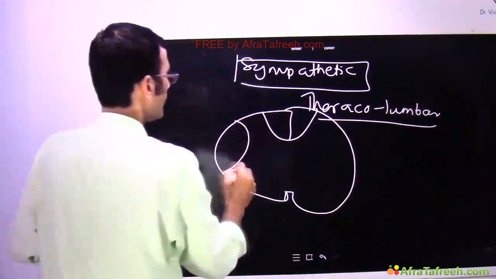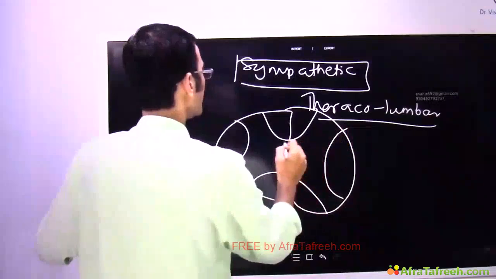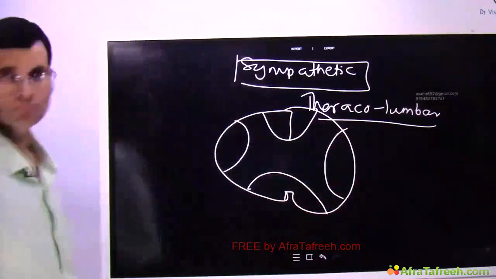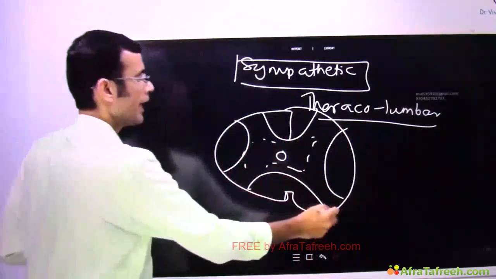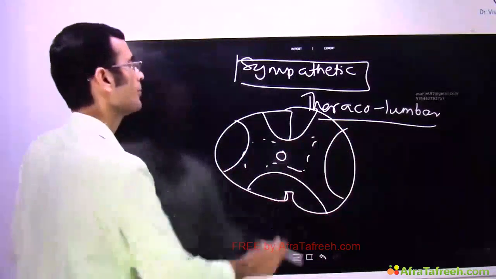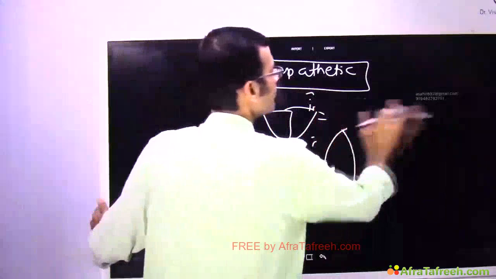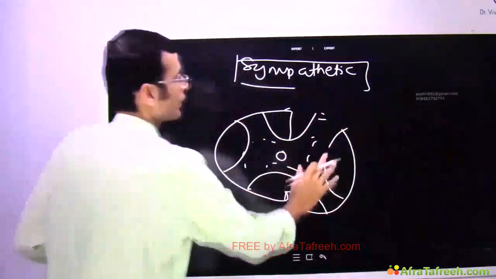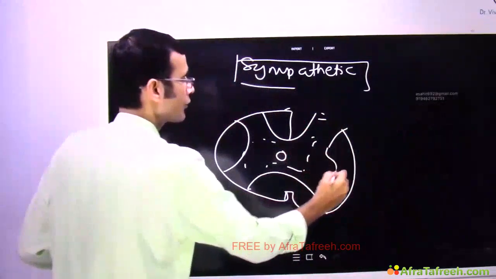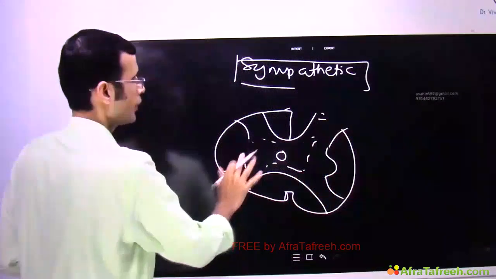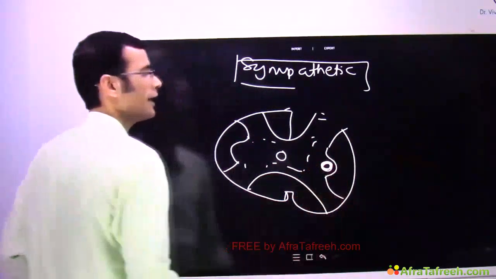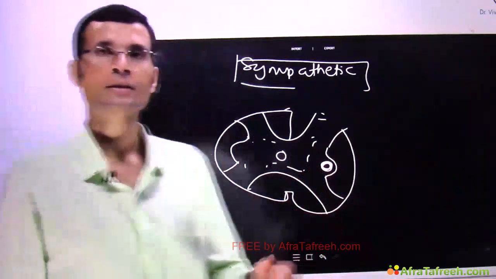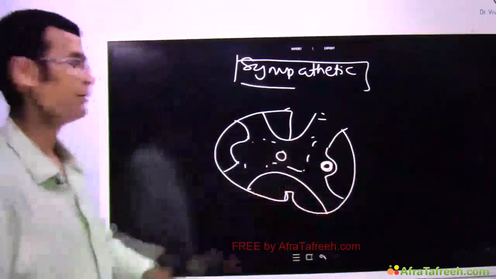You see, in the spinal cord segments there is gray matter, and the gray matter has anterior and posterior horns. In the thoracic and lumbar segments, there is an intermediolateral horn on either side, and this intermediolateral horn has nerve cell bodies for the sympathetic nerves.